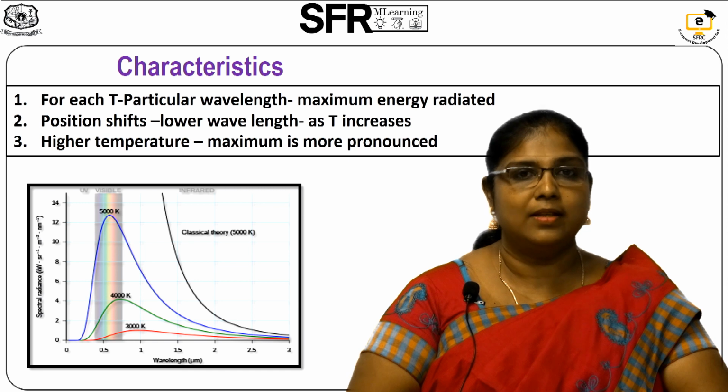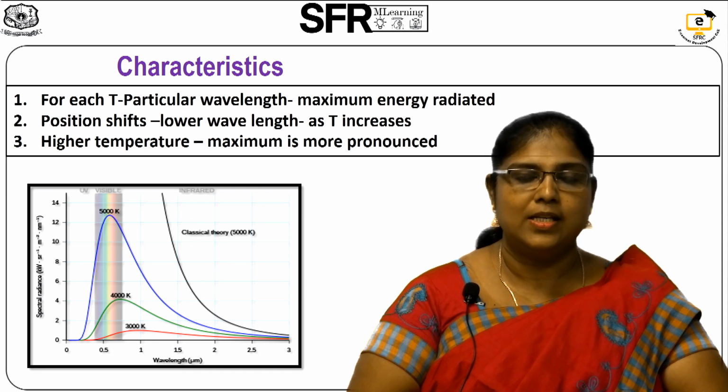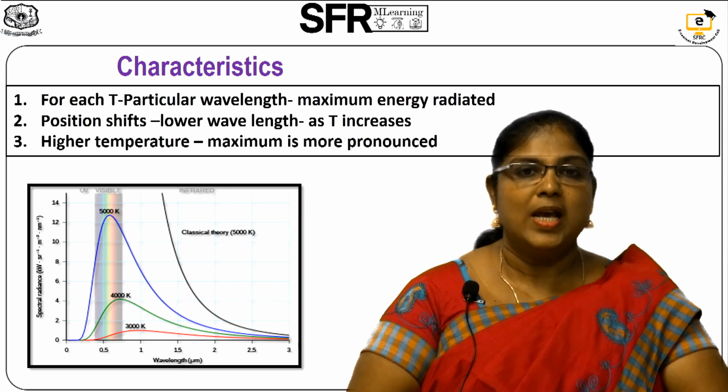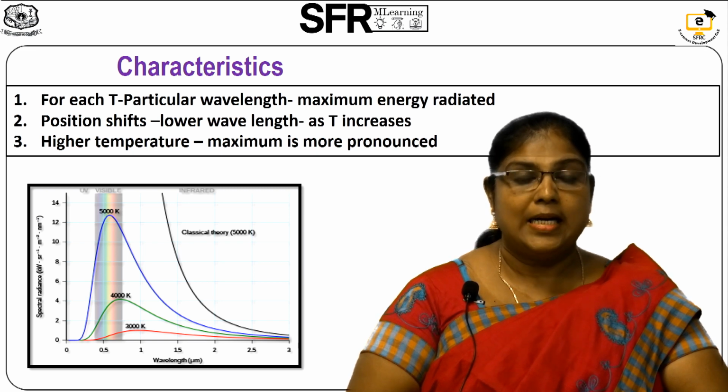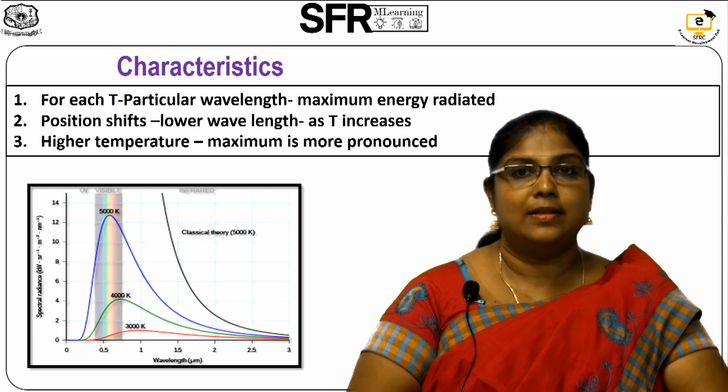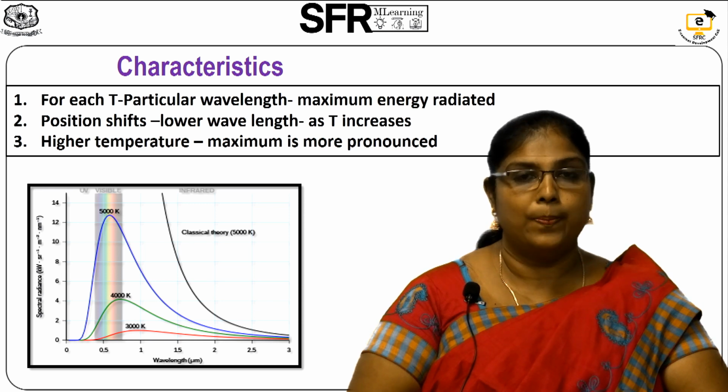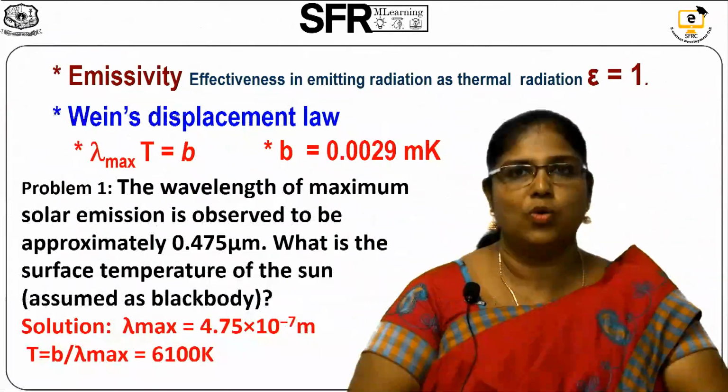When comparing 3000 Kelvin and 4000 Kelvin, the lambda max of 4000 Kelvin is shifting towards lower wavelength, and when comparing 4000 and 5000 Kelvin, the lambda max of 5000 Kelvin shifts further towards the lower wavelength side. And at higher temperatures, the maximum is more pronounced. You can see in the diagram that for 5000 Kelvin, the maximum is more pronounced.